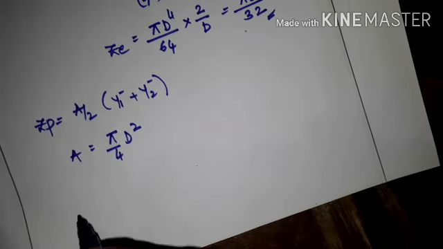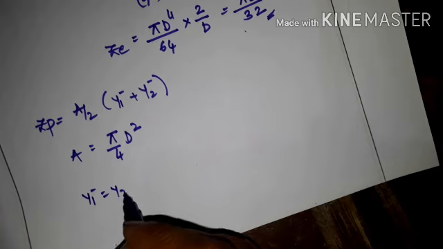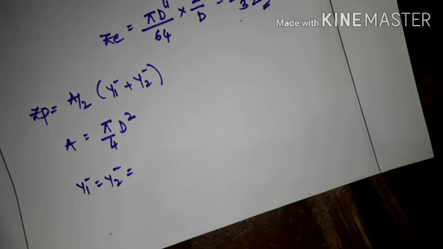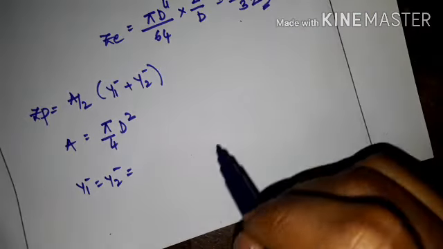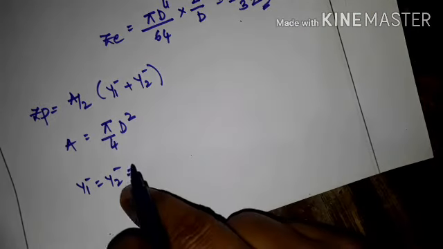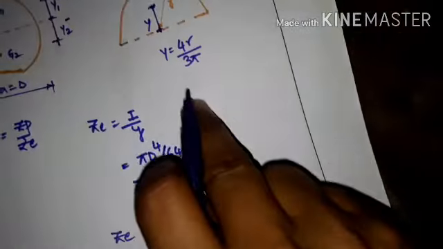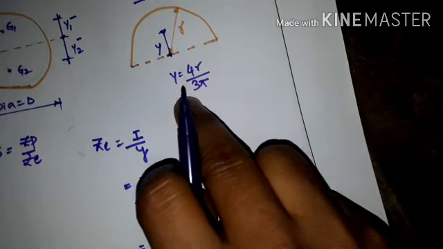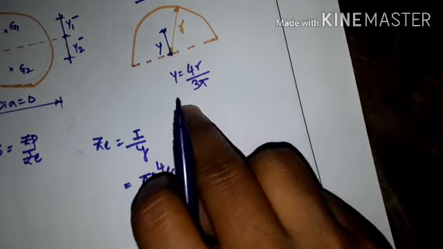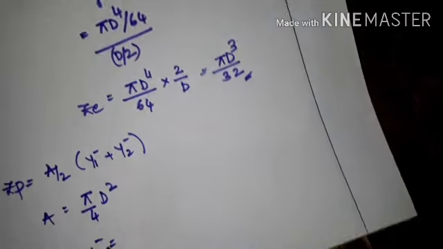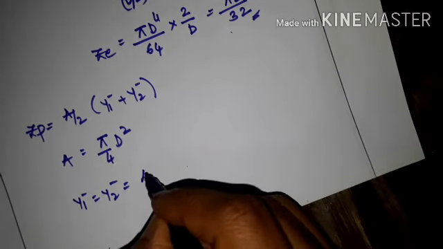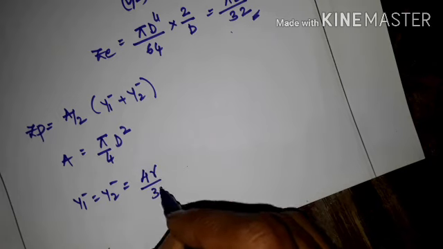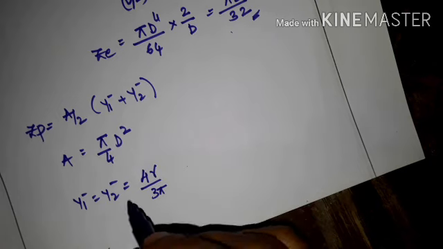Now y1 bar is equal to y2 bar, because we know that y1 bar is equal to y2 bar is equal to 4r by 3 pi.